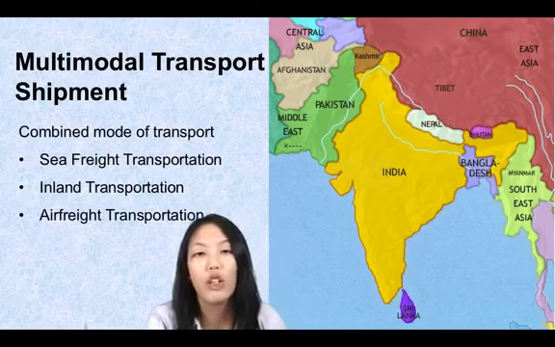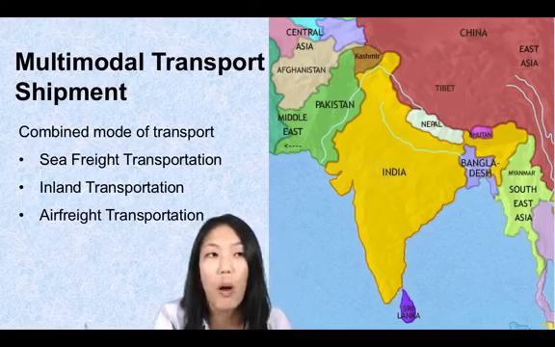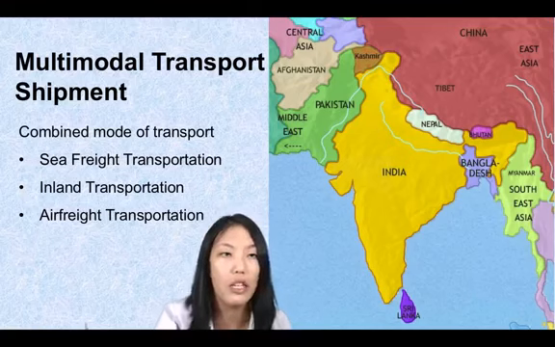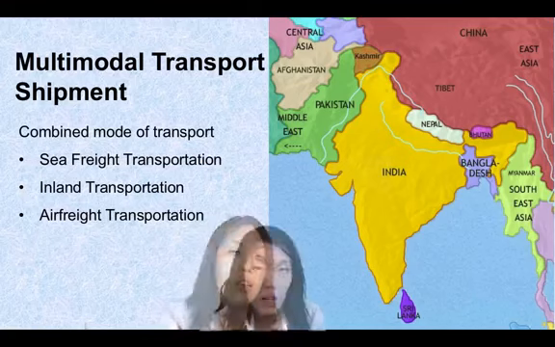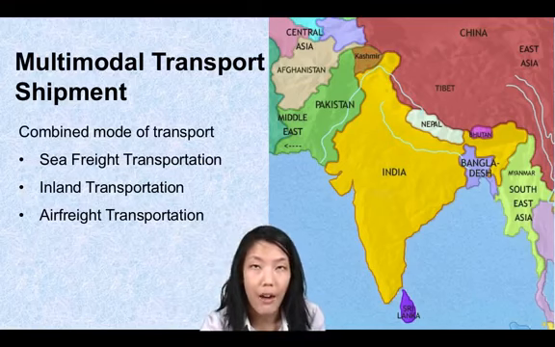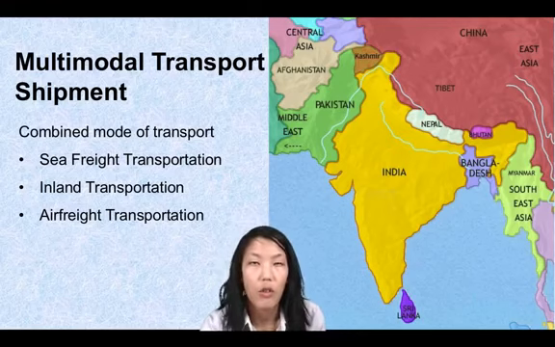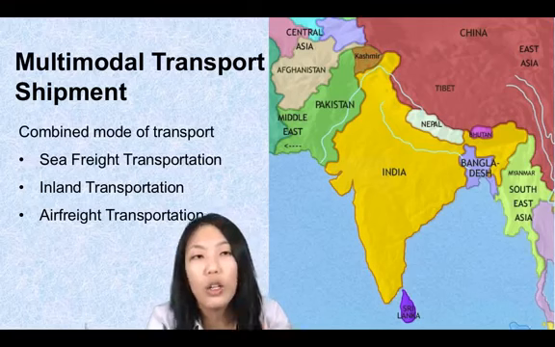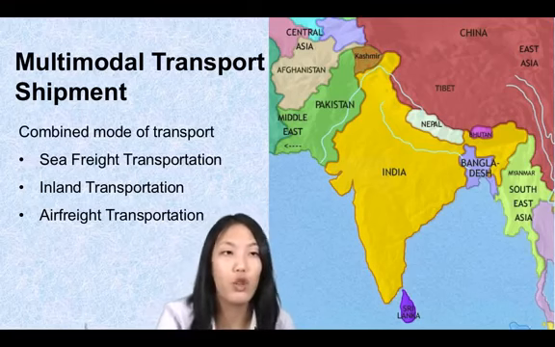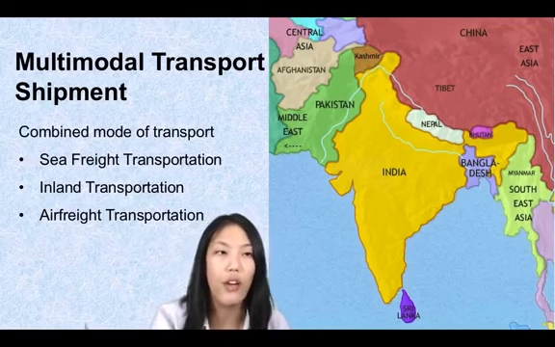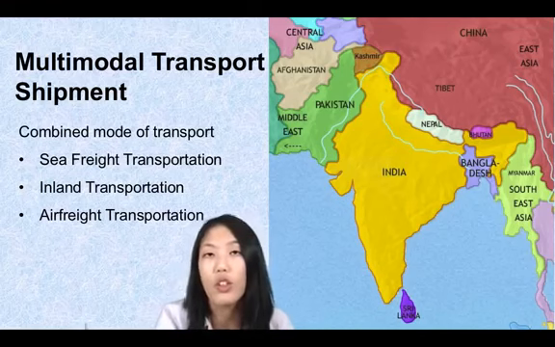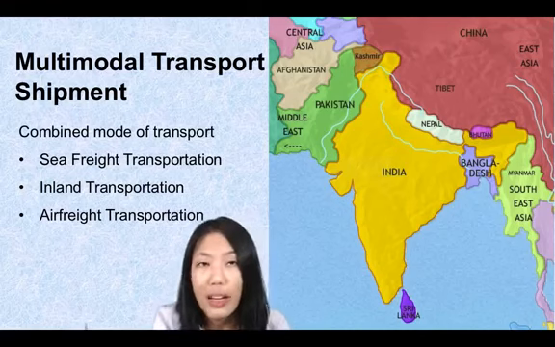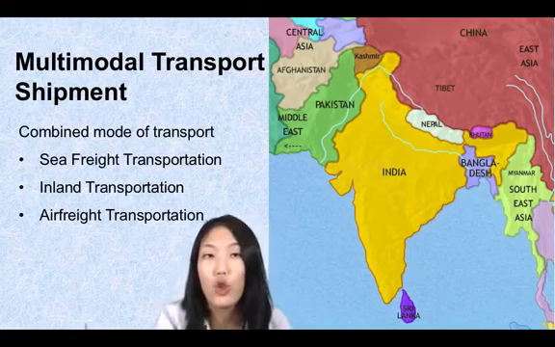Multimodal transport shipment means combined mode of transport including sea freight, inland and or air freight transportation from the port of destination to the final place of delivery. If we look at this diagram, as time goes by and as logistics develop, the buyer wants the goods to be transported to an inland place by truck.